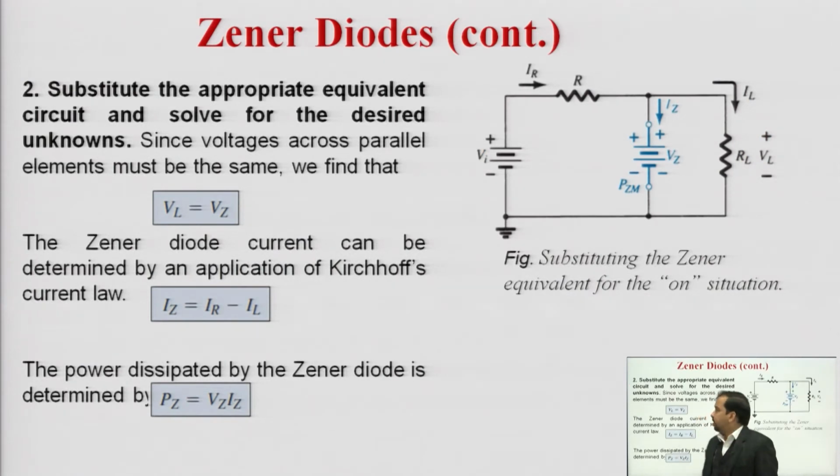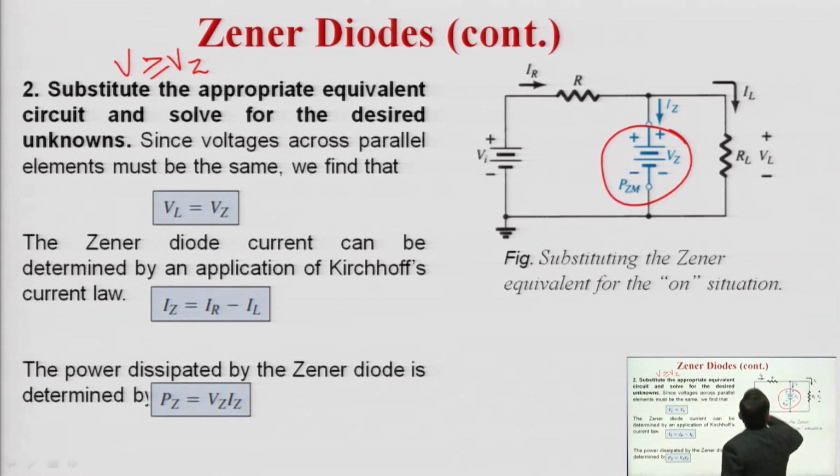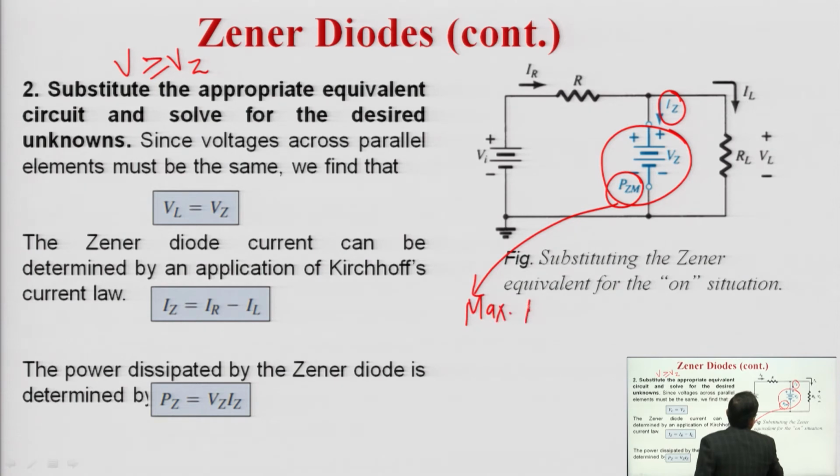Once we have checked that the open circuit voltage V is greater than or equal to Vz, we can substitute this diode by its equivalent, which is a battery of Vz, where Iz is the amount of current flowing into the Zener diode, and PZM is called the maximum power dissipation by a Zener diode.